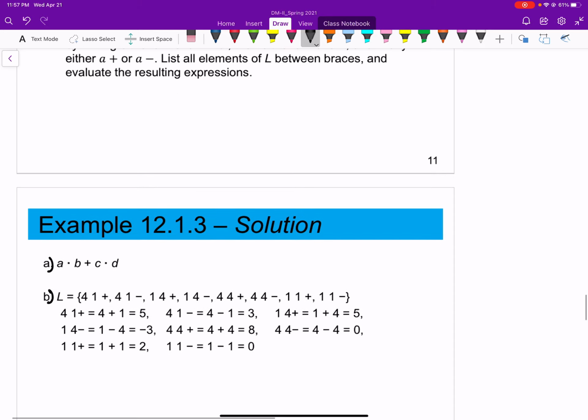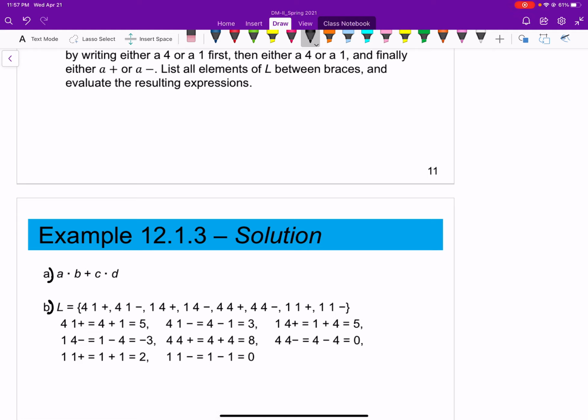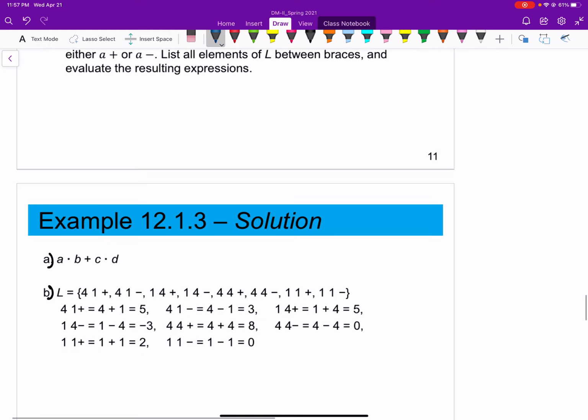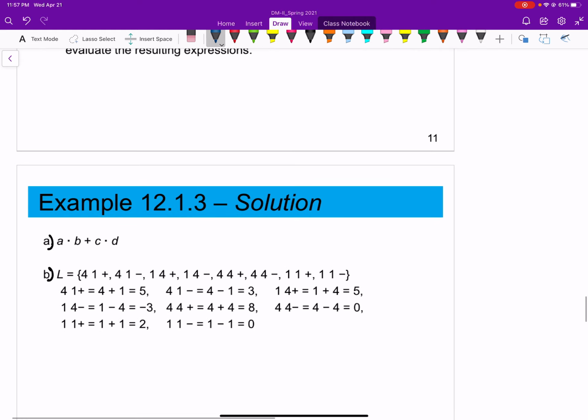So you have to keep 4 or 1 at the beginning, and then you could keep plus or minus. First you could try 4 1 plus, 4 1 minus, then 1 4 plus, 1 4 minus, 4 4 plus, 4 4 minus, 1 1 plus, 1 1 minus.